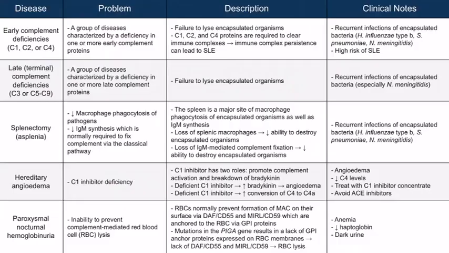Now let's discuss paroxysmal nocturnal hemoglobinuria. This disease is caused by an inability to prevent complement-mediated red blood cell lysis. Now moving on to the description, red blood cells normally prevent formation of MAC on their surface, and they do this through DAF, also called CD55, and MERL, also called CD59. Both of these proteins are anchored to the surface of the red blood cell through GPI proteins.